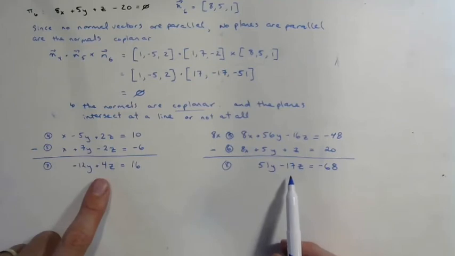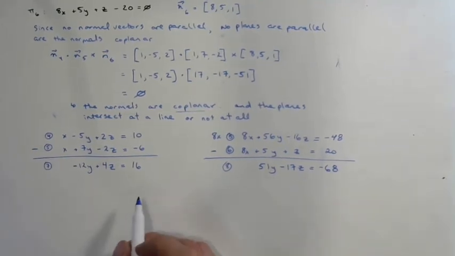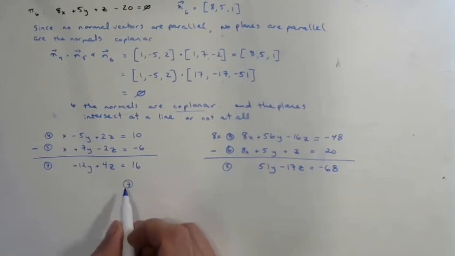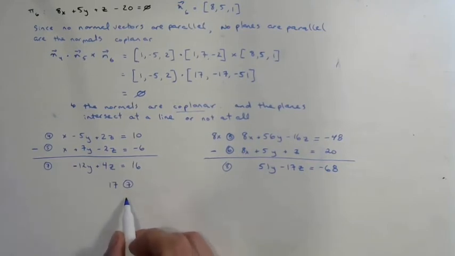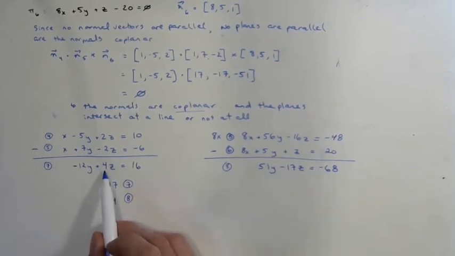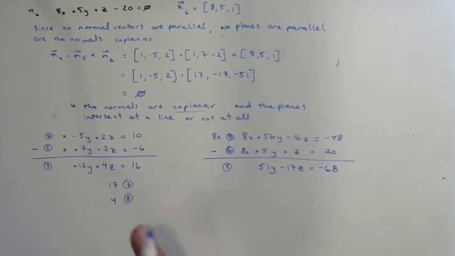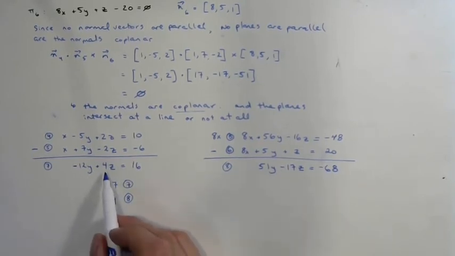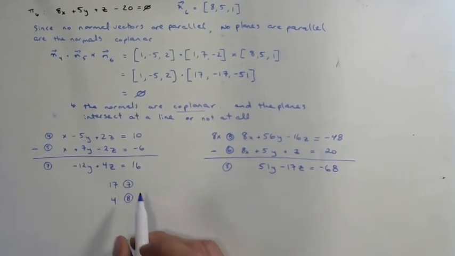That's going to be 68. So you could do it that way as well. Either way, we're going to take equation 7. We end up having to multiply it by 17. And we're going to take equation 8, and we have to multiply that by 4. So again, you could just look here and say, okay, if we multiply this by 17, we multiply this by 4, then we'll get the same value in front of the z. It'll be 17 times 4z and 17 times 4z. One will be positive, one will be negative.